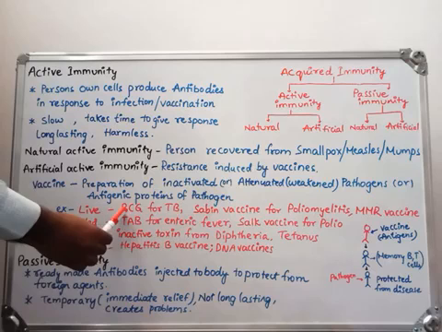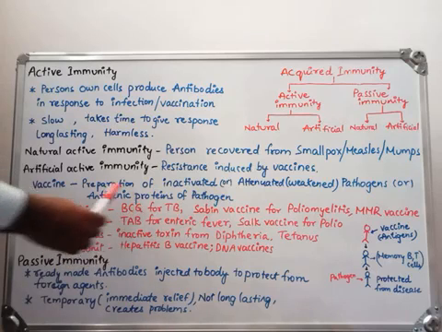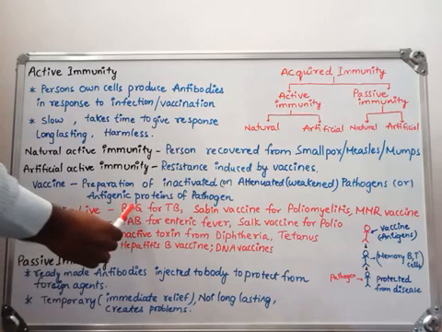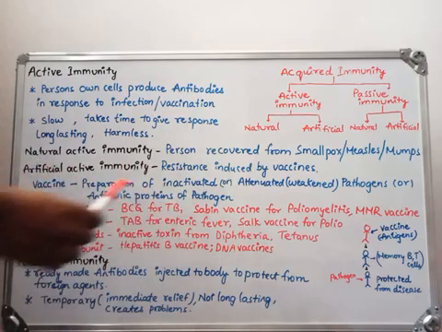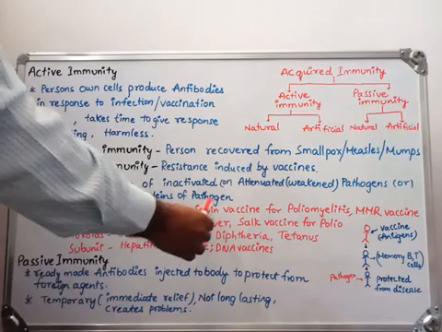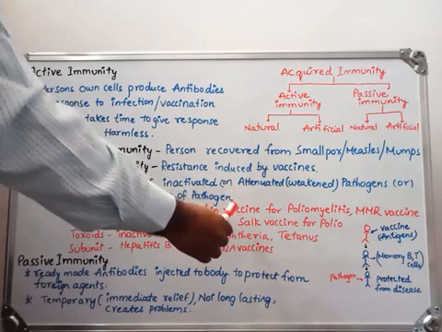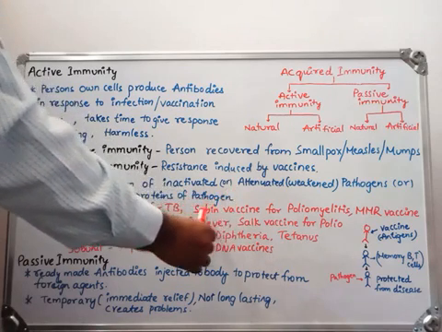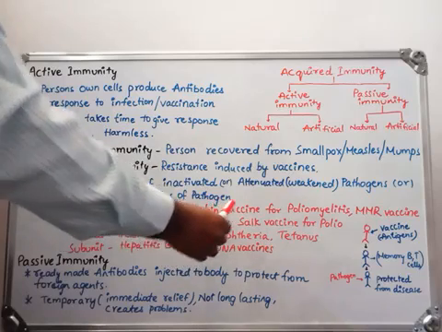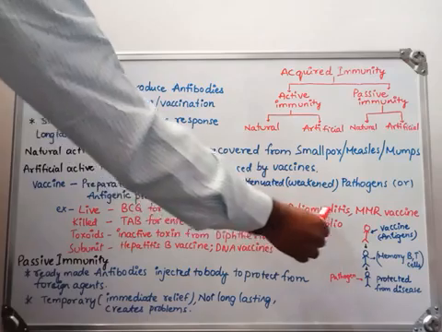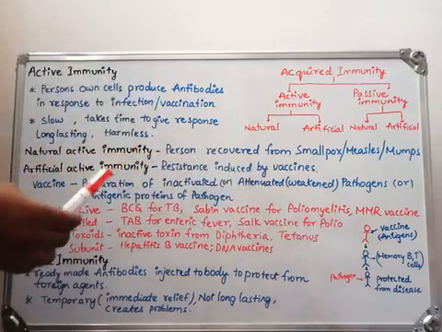BCG, Bacillus Calmette-Guerin. So it is against tuberculosis. Sabin vaccine, which is actually a polio vaccine. So the attenuated form of poliomyelitis we take, and it will provide protection against poliomyelitis.